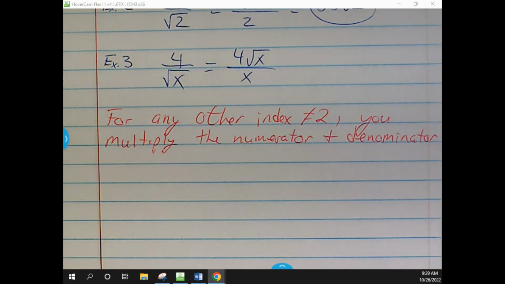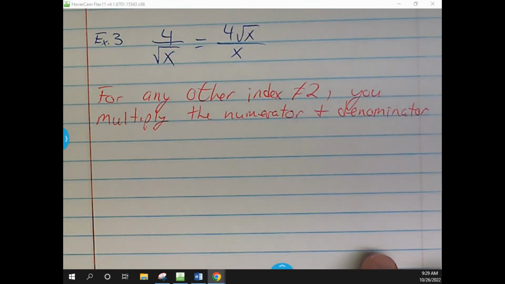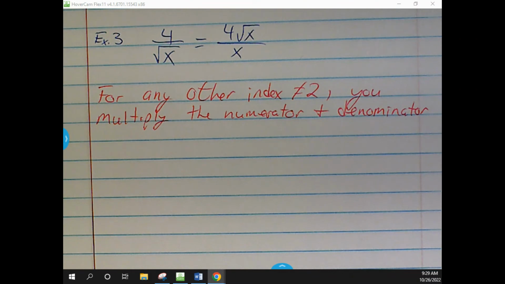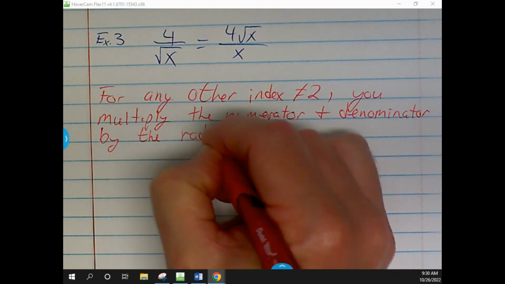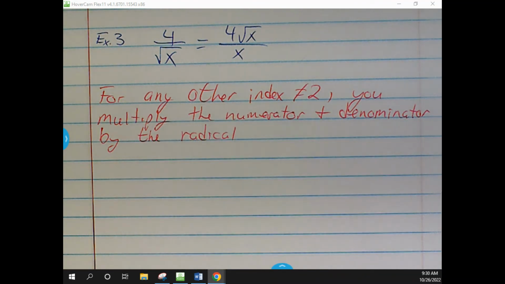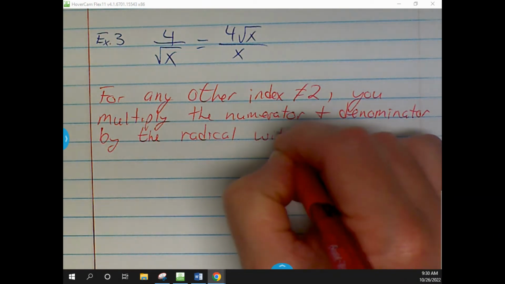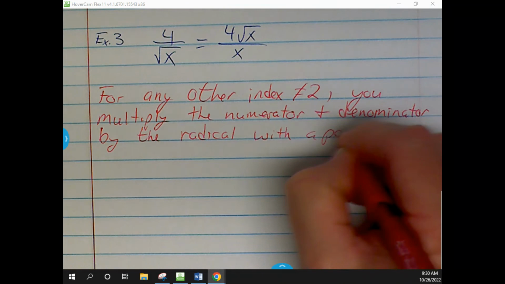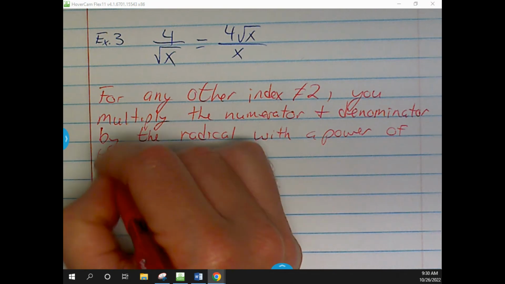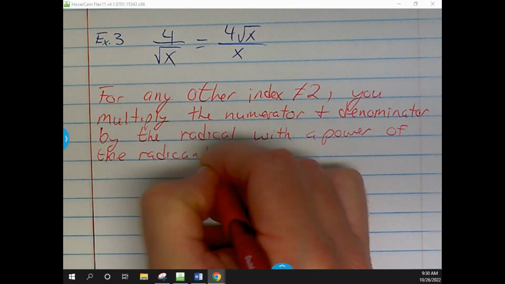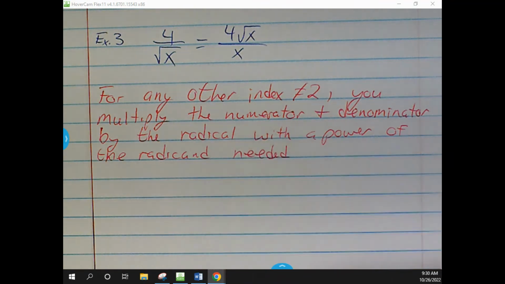So for any other index that's not 2, whether it's 3rd root, 4th root, 5th root, 6th root, 7th root, you fill in the blank, any index other than 2, you're going to have to multiply the numerator and the denominator by the radical with a power of the radicand needed to cancel the index, or to be the same as the index.